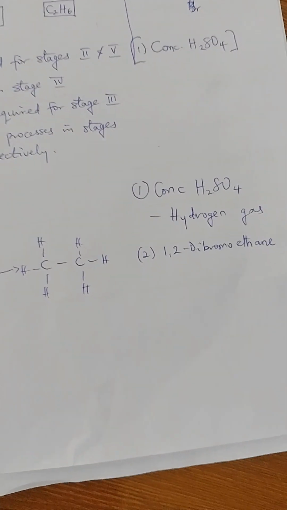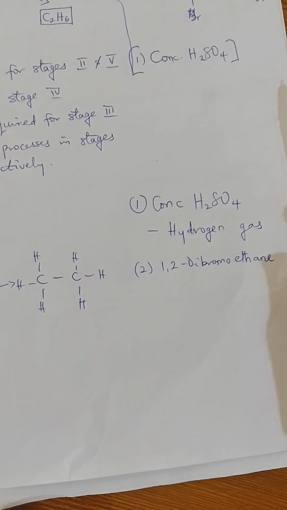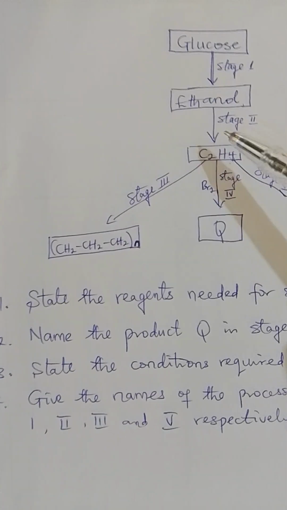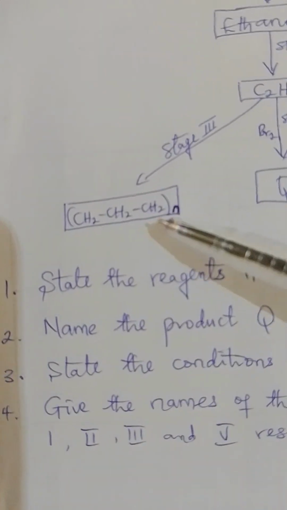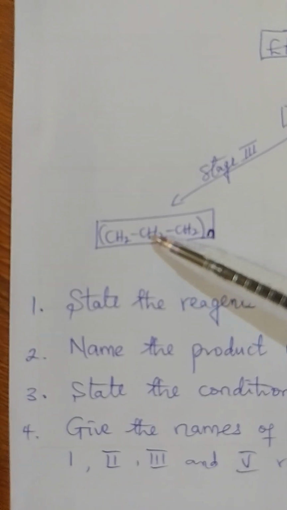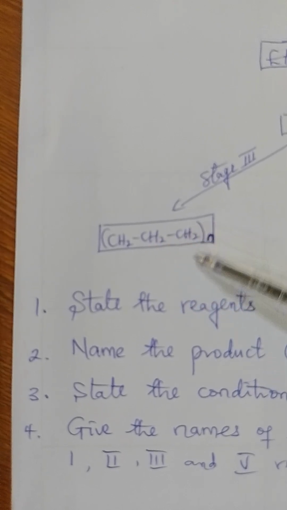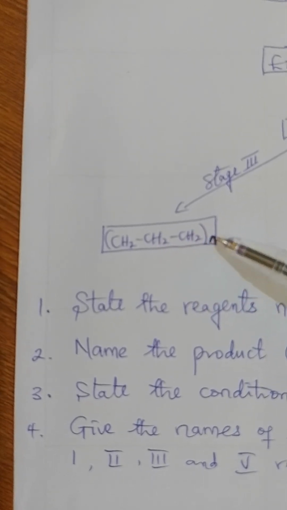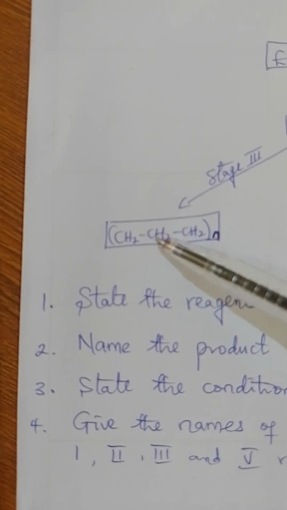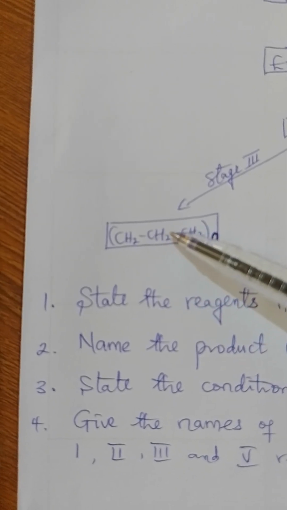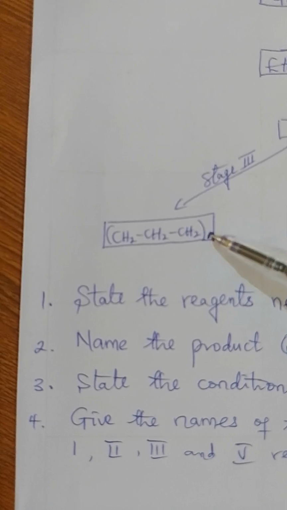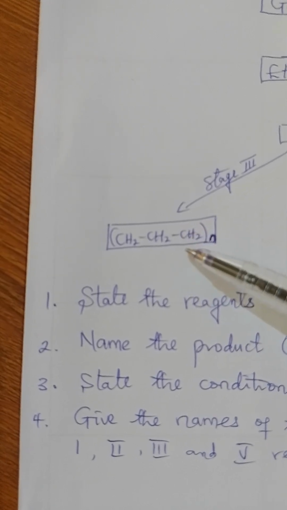Okay. Question 3 says state the conditions required for stage 3. This is the stage 3 where ethene moves to some carbon atoms in CH2 in brackets. Now what this means, these ones in brackets, they are monomers, and the N stands for the number of monomers that came together to form the product.